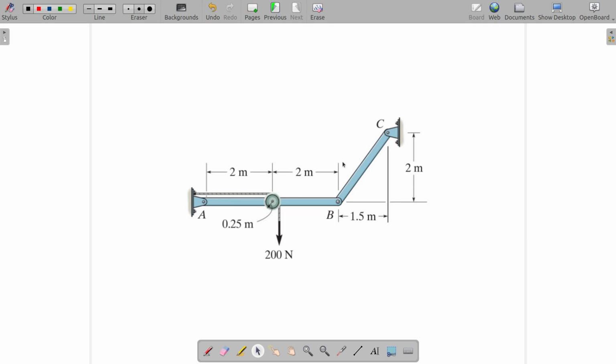There is no moment on it, so that means that in BC the external force will be in the direction of the bar.